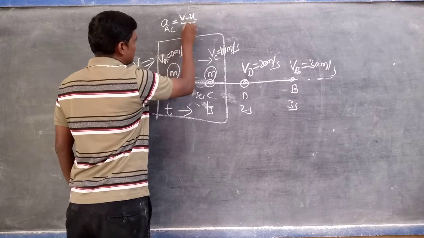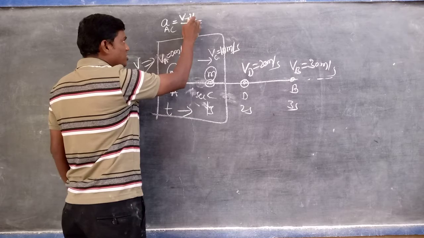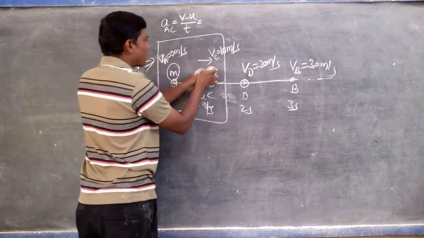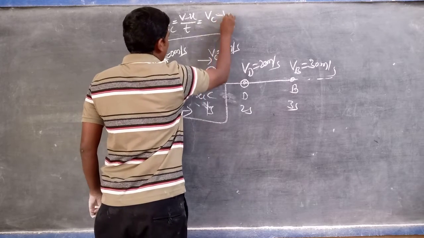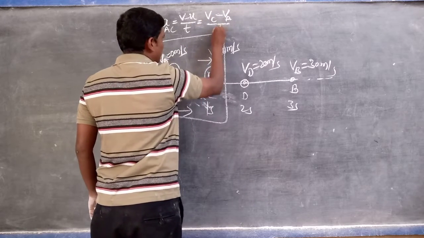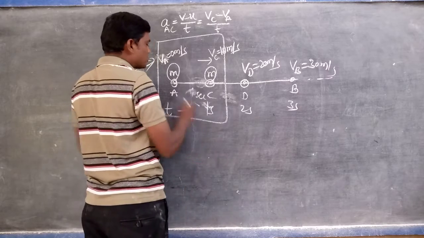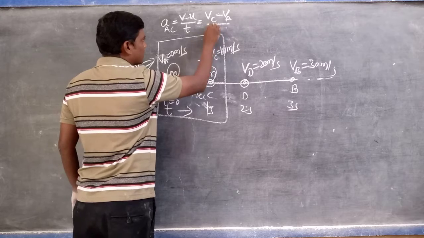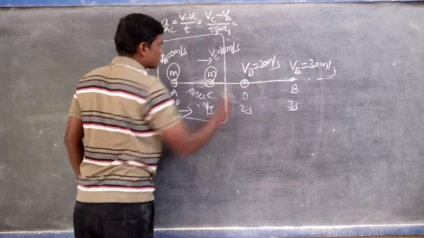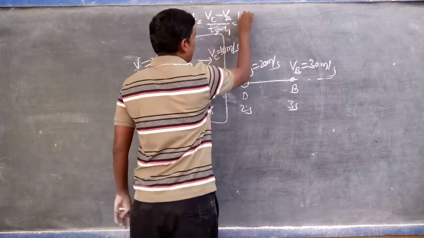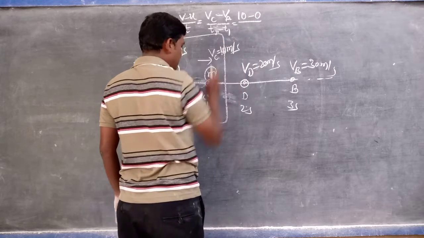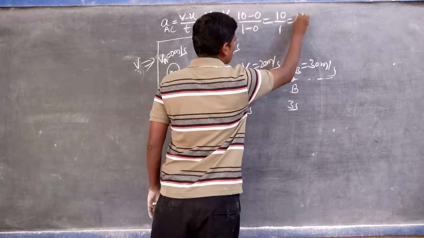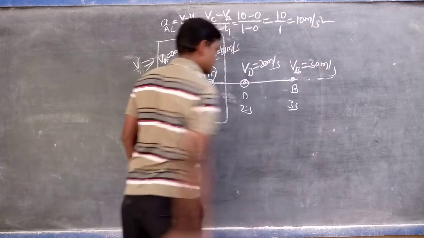V minus U by T. U is the initial and V is the final among our consideration points. So V of C minus V of A by T. Here T is 1 second, which you can also write as T2 minus T1. V of C is 10, so 10 minus 0 upon 1 minus 0 equals 10 by 1, that is 10 meters per second square.